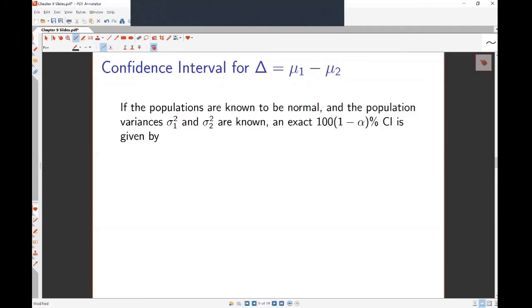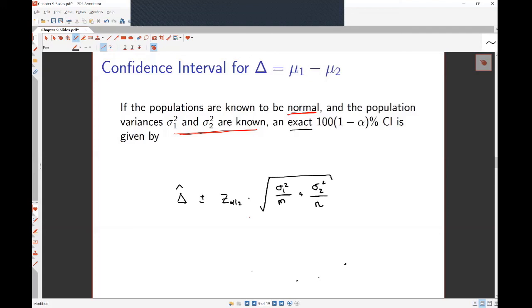Firstly, if we have populations that we know follow normal distributions and the population variances are known, then we can construct an exact confidence interval. And the formula for that is given by delta hat plus or minus z of alpha over 2 times the square root of sigma 1 squared over m plus sigma 2 squared over n.